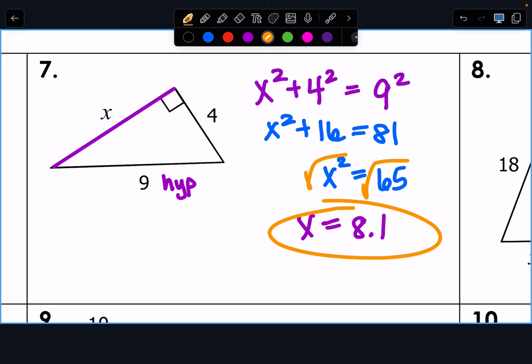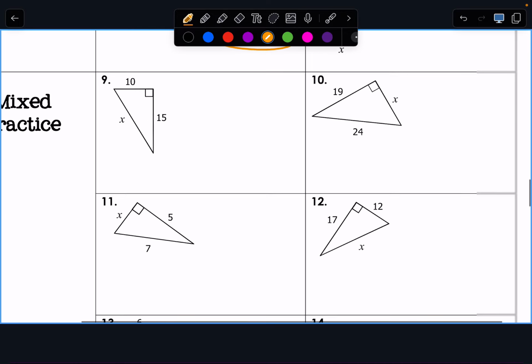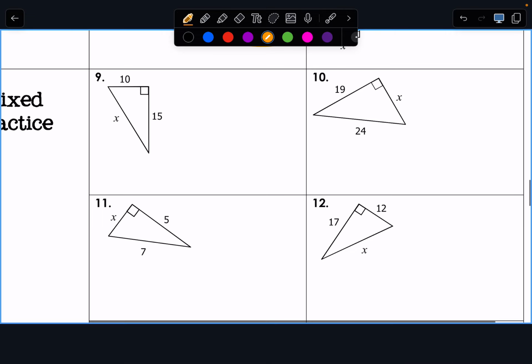All right, this is what's going to happen. I'm going to pick two problems that you are going to set up and check your answer with your elbow partner. I'm going to give you about 3 minutes, and we're going to check in together.